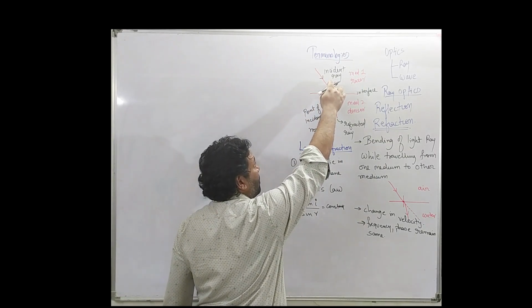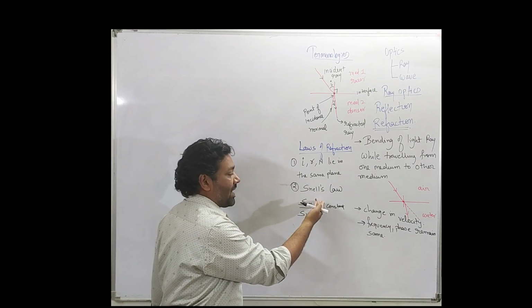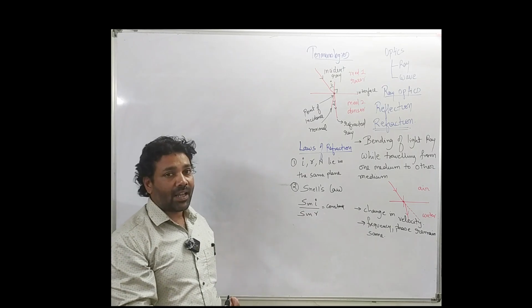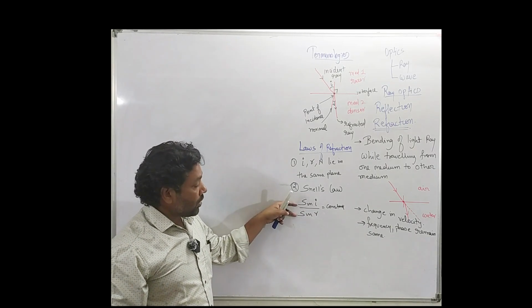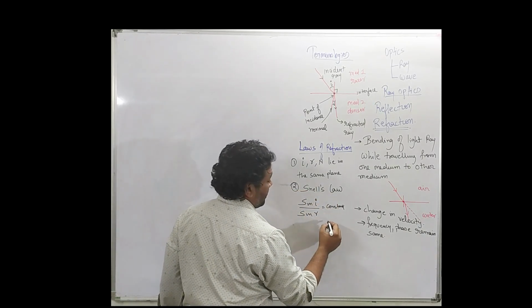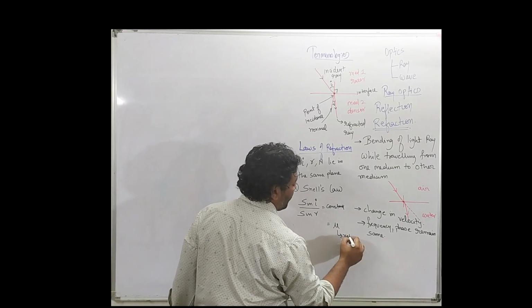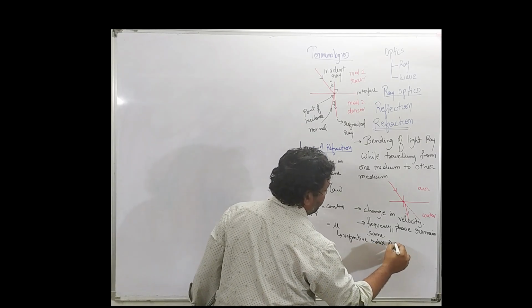So when you change the angle of incidence, you will get some angle of refraction for every incident angle. If you take the ratio of their sines, for sure you will always get a constant, and this constant we call mu, the refractive index of the medium.